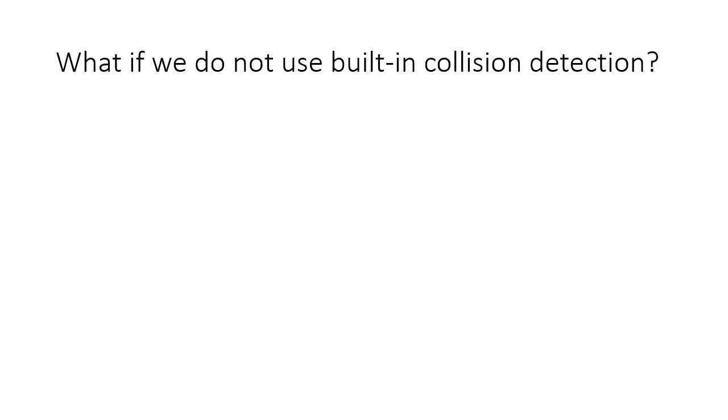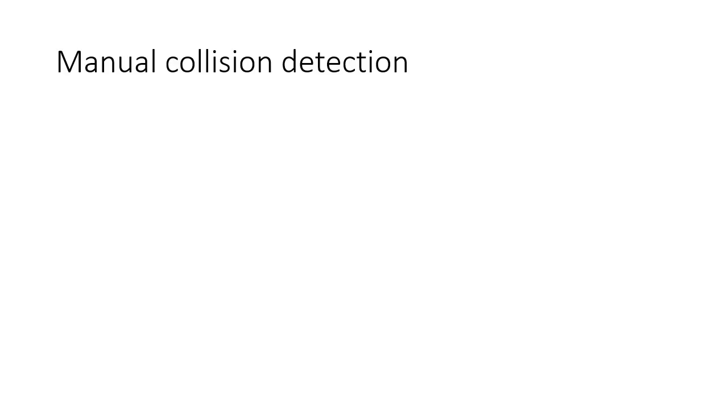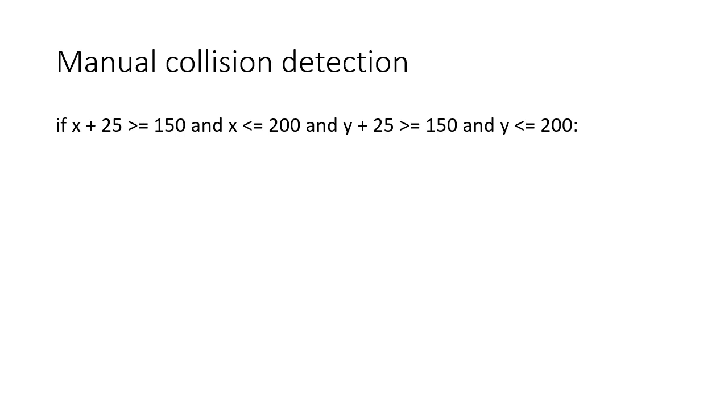All right, so if we don't use built-in collision detection, then we have our program, and that portion with the collision detection we need to replace with something else. So if we want to do the manual collision detection, we just need to check the X and the Y values.